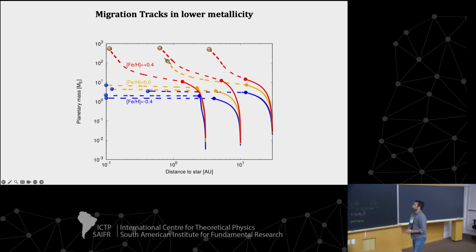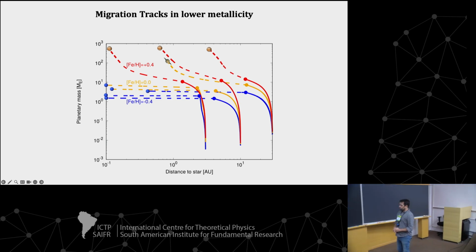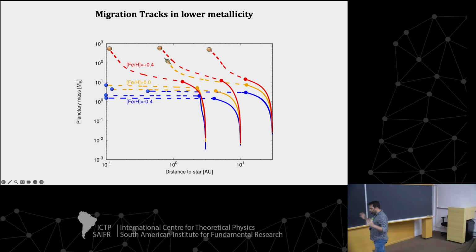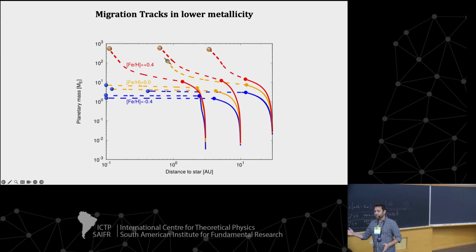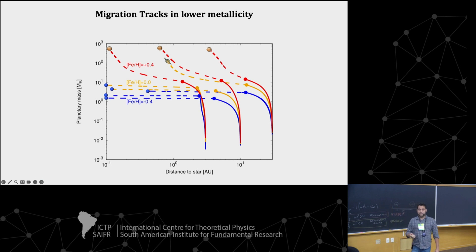What I want to say with that is, for all our understanding of physics, a planet forms and it will exchange angular momentum with the gas. Now, the magnitude of this angular momentum exchange will determine how fast and how far the planet migrates.